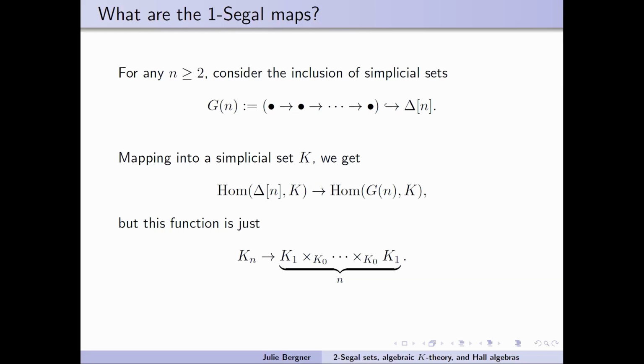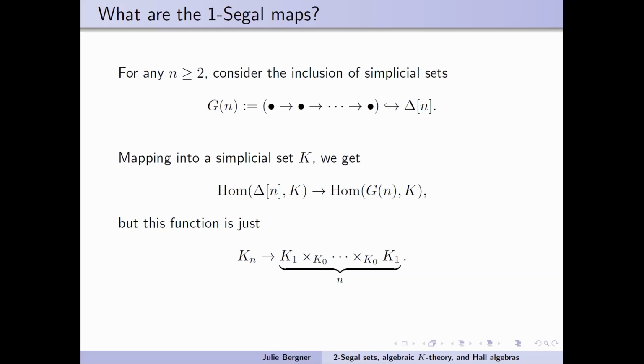Okay. And now this is where this representability kicks in. So I have this map from Gn to delta n. Gn, by the way, is sometimes called the spine, if you've seen that notation. So if you map into a simplicial set, well, it's contravariant, so you get maps from delta n into K, and then you get maps from Gn into K. Well, we've already seen, Yoneda lemma tells us that maps from delta n into K is just the set of n simplices, Kn.